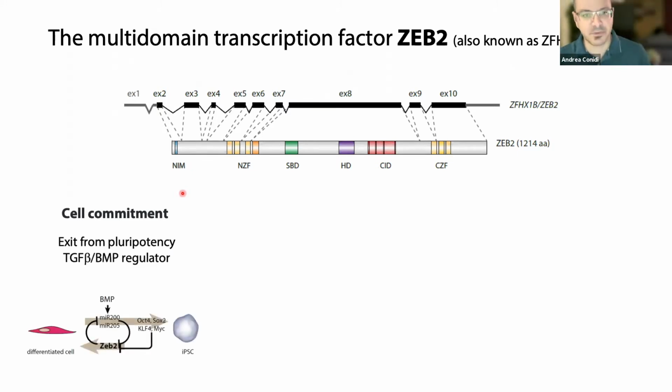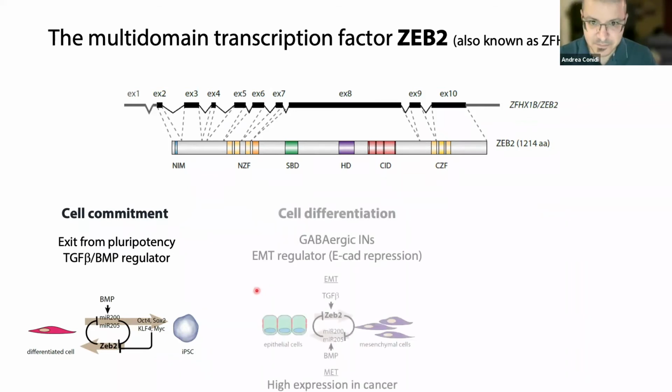We know that ZEB2 is important for cell commitment. So if an undifferentiated cell wants to become differentiated, it needs to express ZEB2. Without ZEB2, this stem cell here will never go to this phase here to become a differentiated cell.